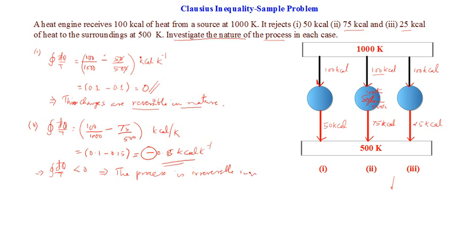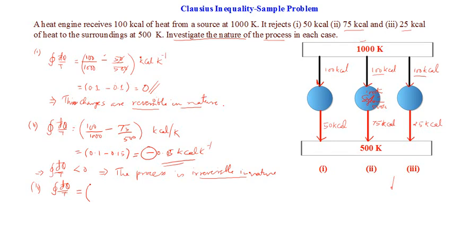So both cases 1 and 2 are permitted by the second law of thermodynamics. So out of curiosity, let's go to the third case. I think automatically it comes to you what is going to happen now. In the third case, integral d bar q over t will be equal to, in the same manner you evaluate it for the incoming heat, 100 kilocalorie at a temperature 1000.